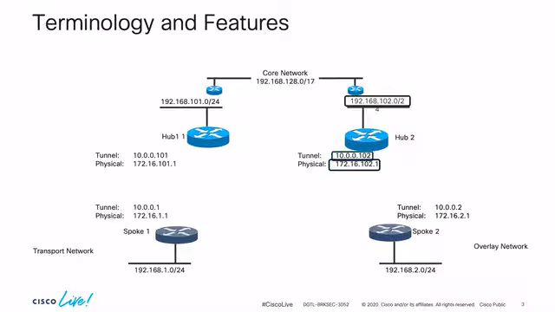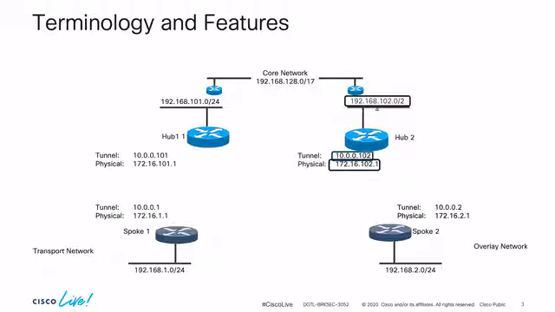In this network, we have two hub routers, hub 1 and hub 2, and then two spoke routers at the bottom. We have the core network, and let's take a look at the terminology used in DMVPN.